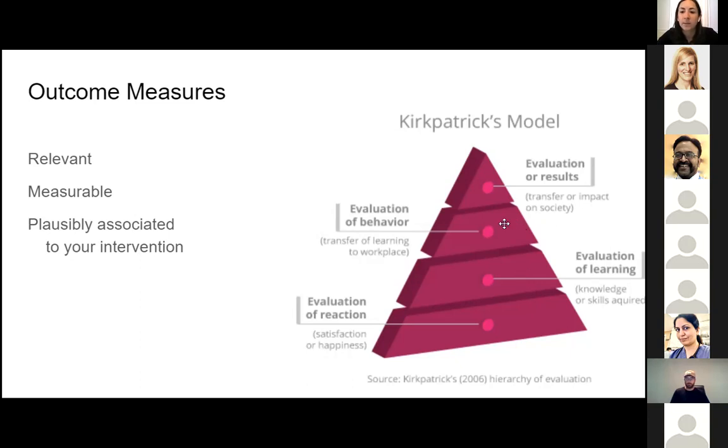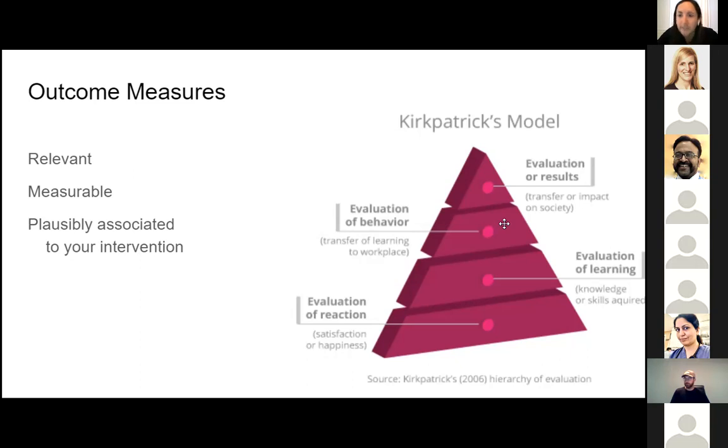Then the next one higher up would be evaluation of behavior. So my learners came in knowing X, they left learning Y, and then I studied the outcomes in the hospital later. And I believe that because of my intervention, I saw this improvement in my patients.